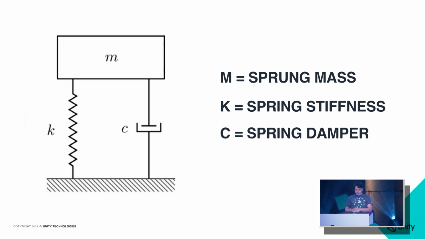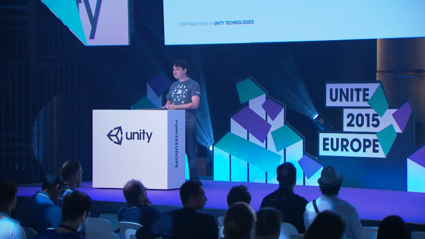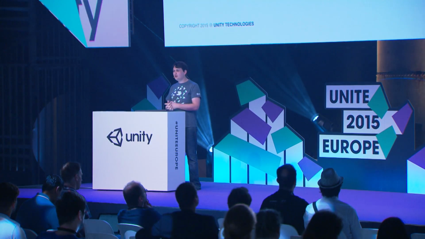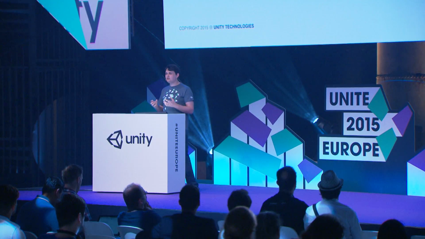The spring stiffness and spring damper parameters really depend on the sprung mass. If you look at the default settings we have on the WheelCollider, it is configured to support just a typical family car that weighs 1.5 tons and has 4 wheels, and all the weights are distributed evenly.